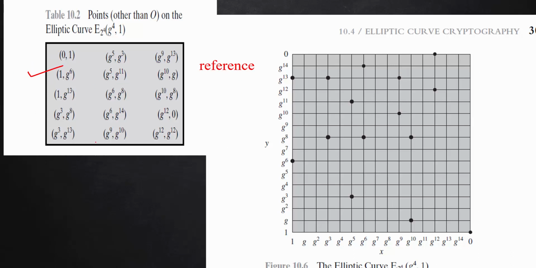And these are all the set of pairs that satisfy this particular modified elliptic curve formula, and plot these values over here. Now this is the derived graph based on these elliptic curve points.